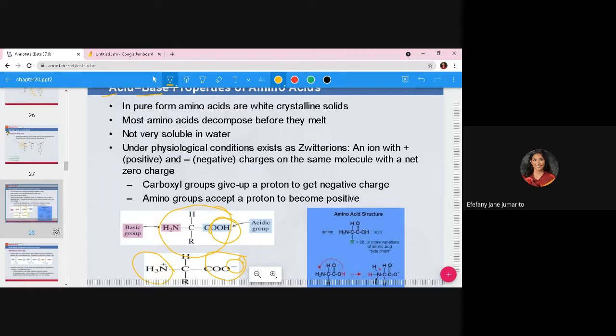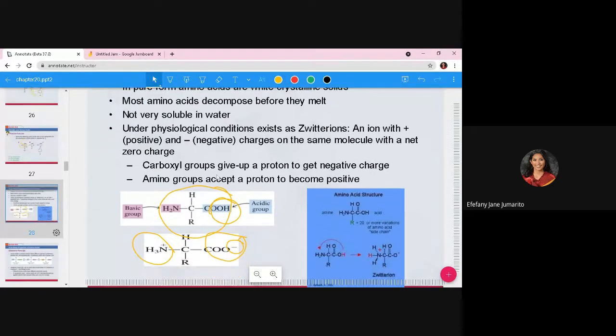Okay, so we have that one. Now it says that your amino acid is in a condition called zwitterion. Zwitterion is a state of your amino acid which means double ion.